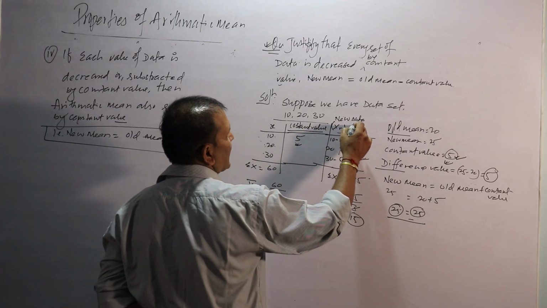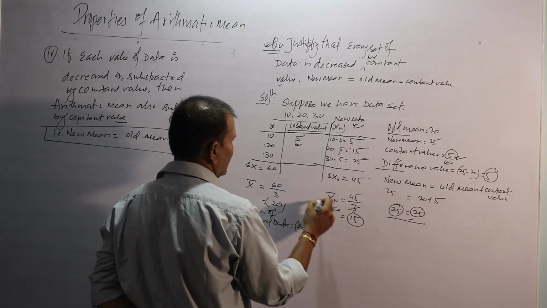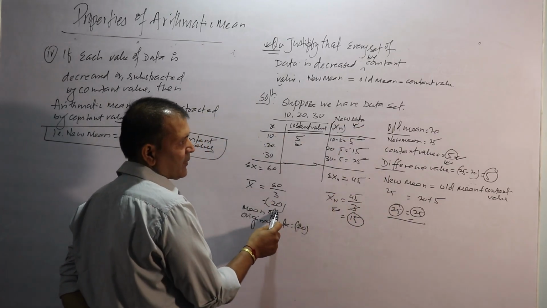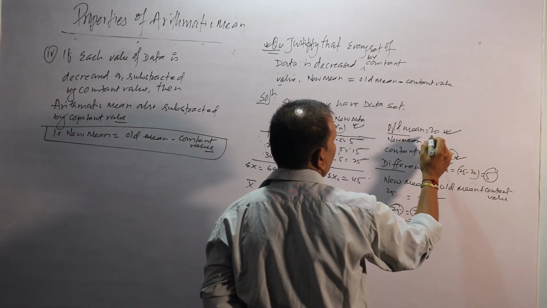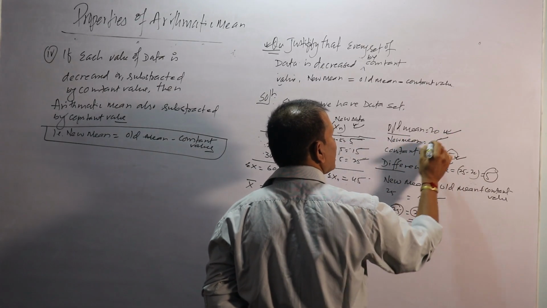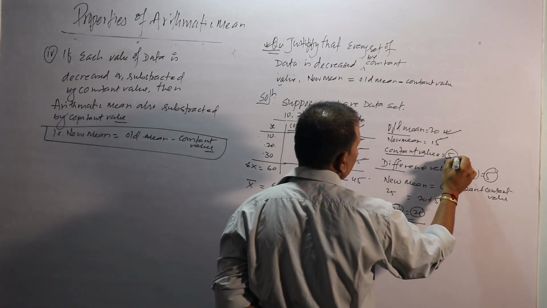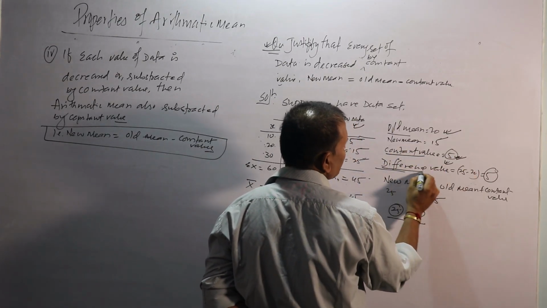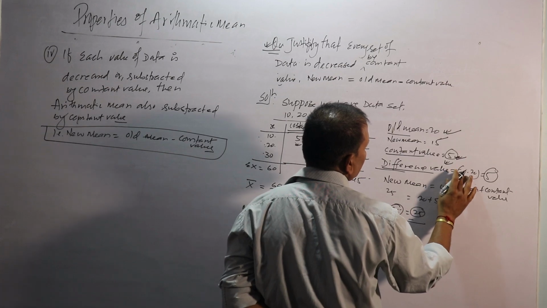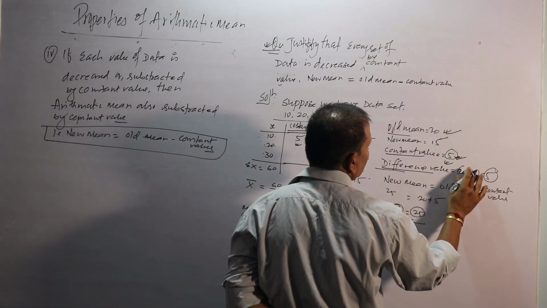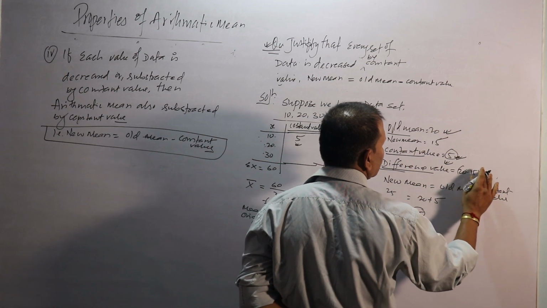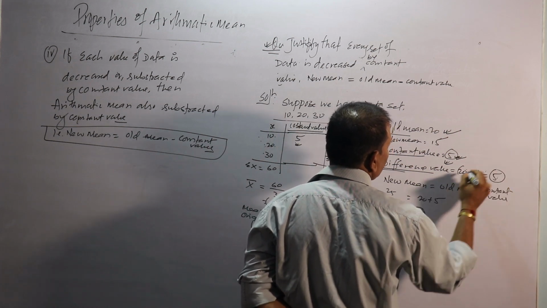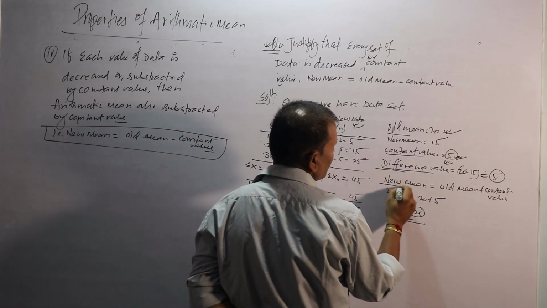So we have the new data and their new mean, the old data and their old mean. Now, the old mean is 20, the new mean is 15, and the constant value subtracted is 5. And what is the difference? Here we calculate the difference, 20 minus 15, which means the constant value is 5. So what is our new mean?